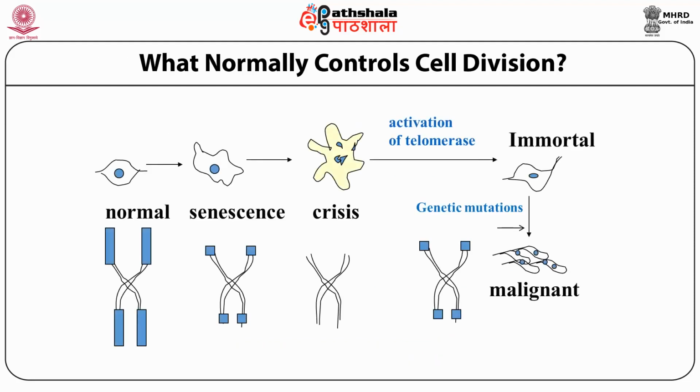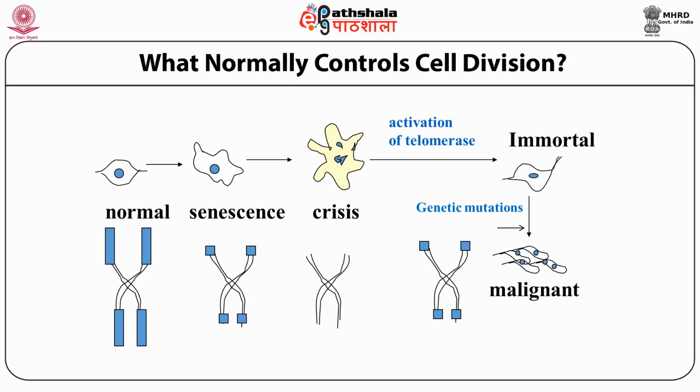This slide gives a brief overview of telomere biology and how it is linked to the process of cancer. The telomeres are the ends of the chromosomes, and with each round of division, the telomeres shorten. A very critically shortened telomere is perceived as DNA damage and leads to crisis. During cellular crisis, the cells undergo either a process of senescence or they eventually die.